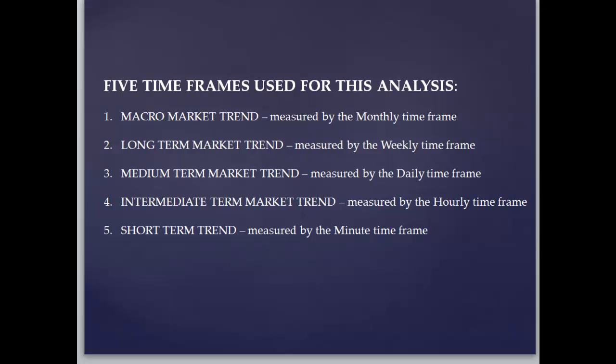The third is the medium-term market trend, measured by the daily time frame. The fourth is the intermediate term market trend, measured by the hourly time frame. And for the short-term trend, I measure that by minute time frames and even tick charts.